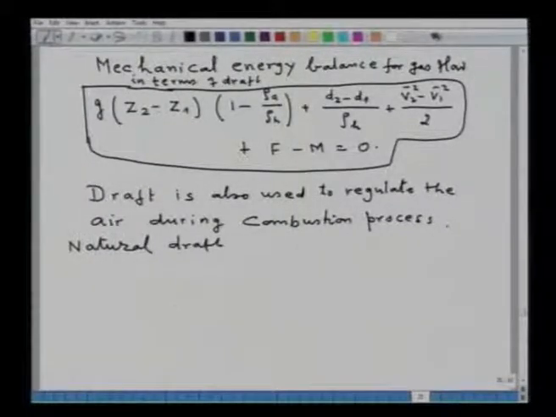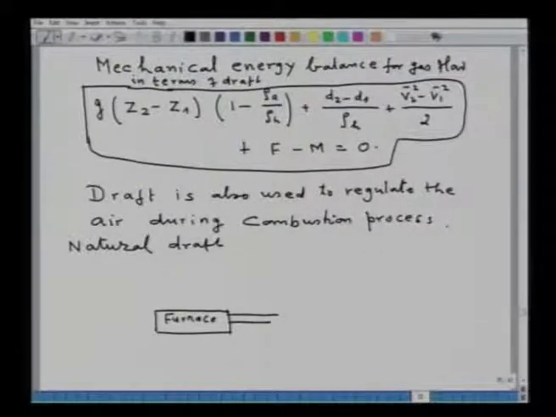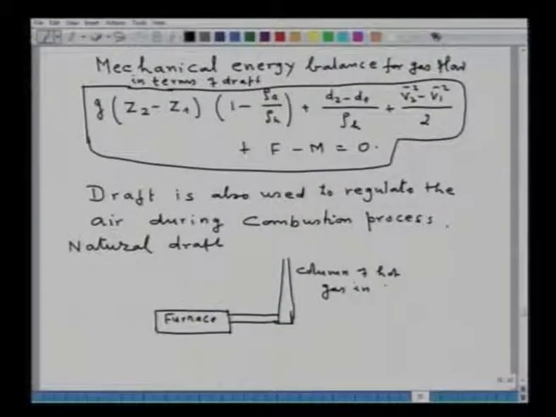Suppose we have a furnace, and from here the hot gases are flowing, and this is, say, the chimney, this is a column of hot gas in the chimney, this is the flue, and this is the flow of POC going upward.